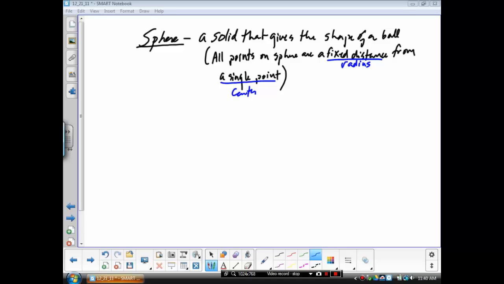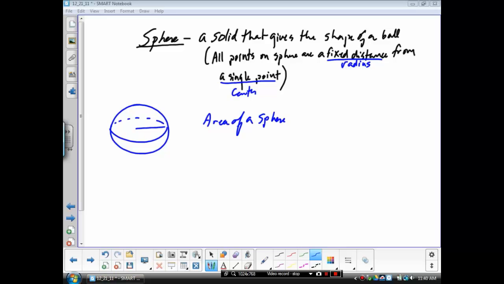So now, back here, we have two theorems that deal with a sphere. One of them is the area of the sphere. The area of a sphere is the outside of it, the part of that ball that you could paint.